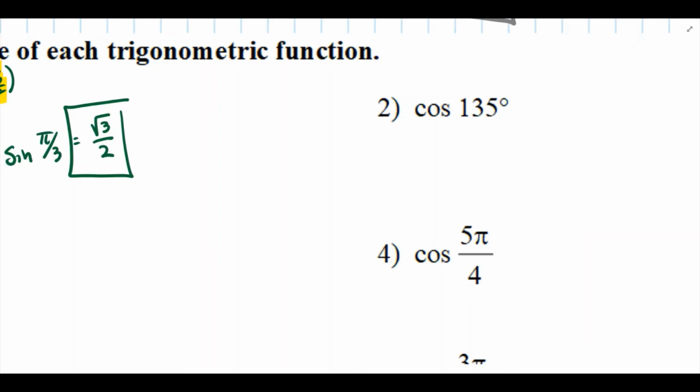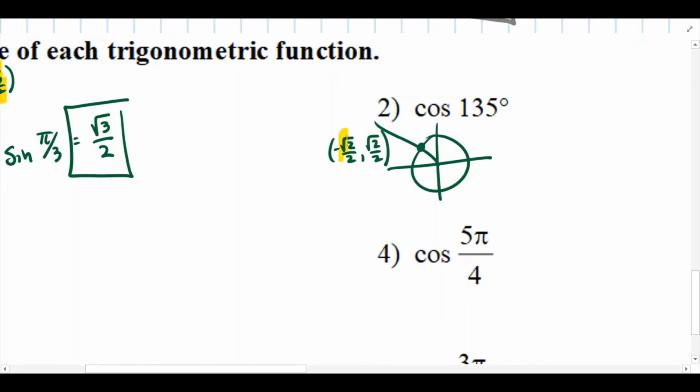In example 2, we must find cosine of 135 degrees, which requires the x-coordinate. So we will say the result here is negative square root 2 over 2.